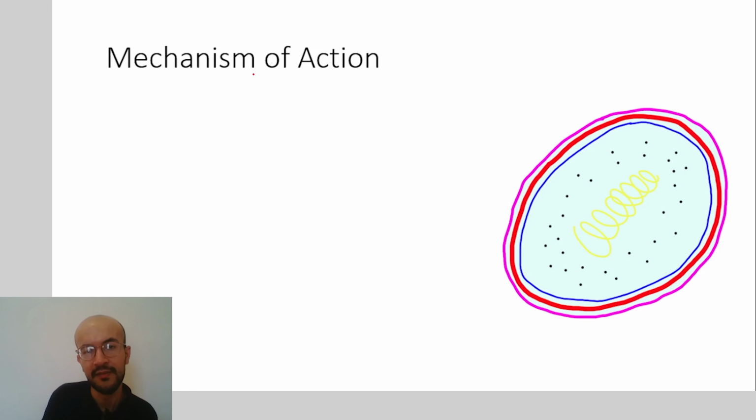Now let's talk about the mechanism of action of the aminoglycosides. First of all, they work mostly on gram-negative bacteria. As we mentioned before, bacteria have the 30S and 50S ribosomal subunits.